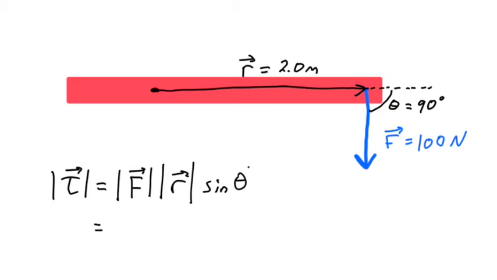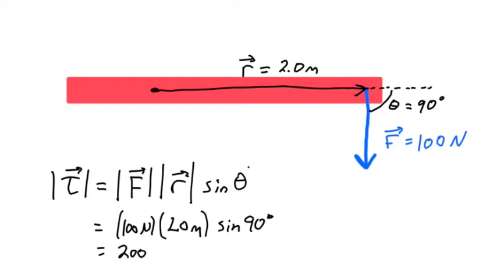So that's going to be 100 newtons times 2.0 meters times the sine of 90 degrees, which is going to get us 200 for the number. Now the units on this are going to be newtons times meters. We'll just use newton meters.